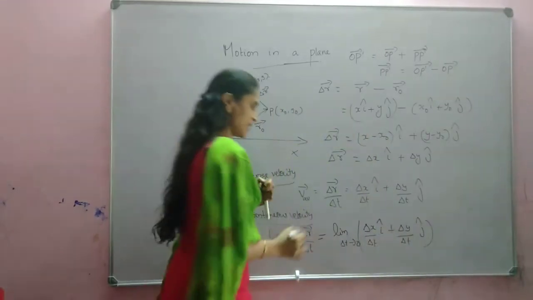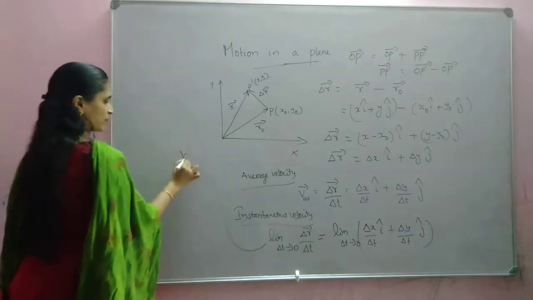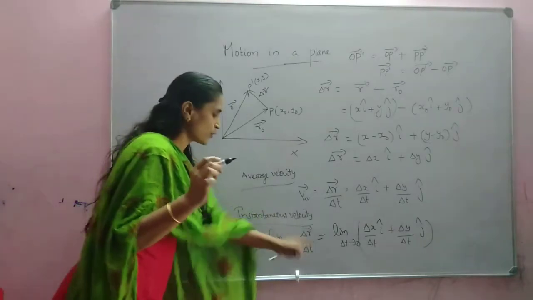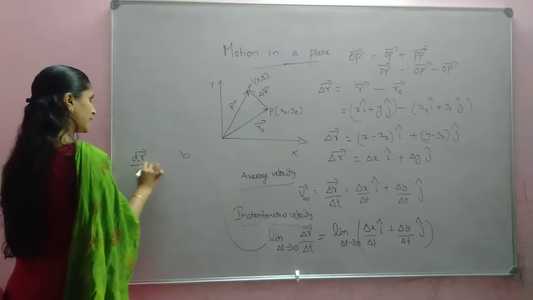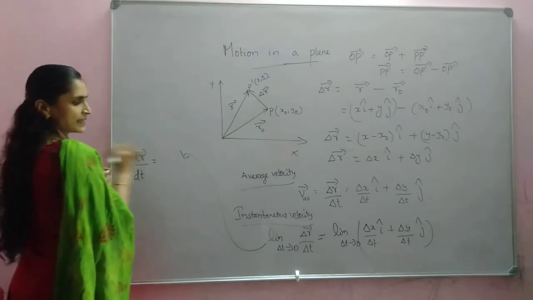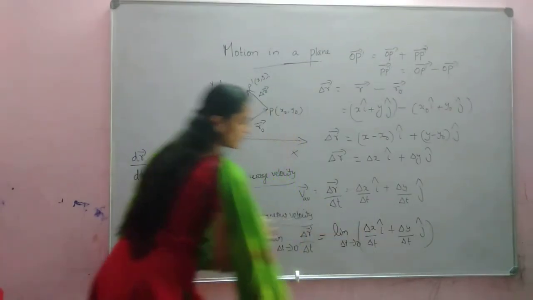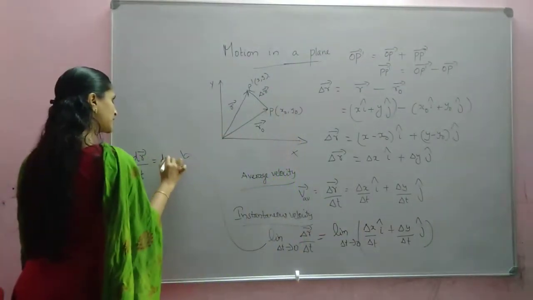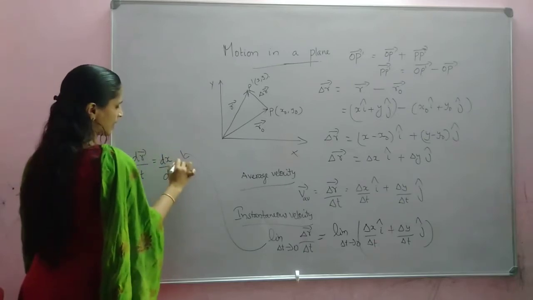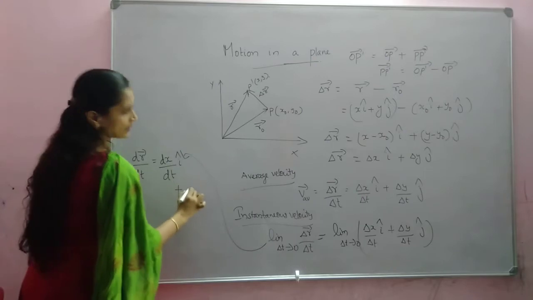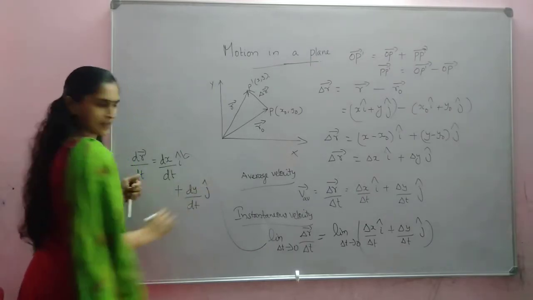Limit delta t tends to 0, delta r by delta t we can write as dr by dt. That is equal to, limit delta t tends to 0, delta x by delta t can be written as dx by dt i cap plus dy by dt j cap.